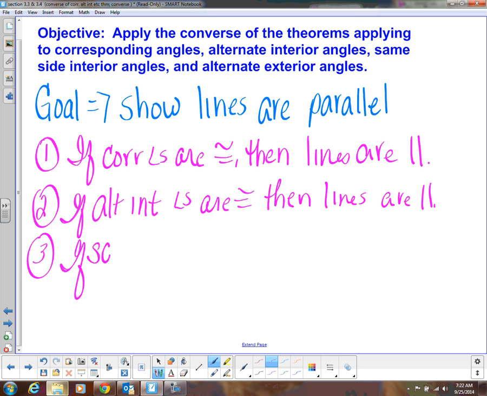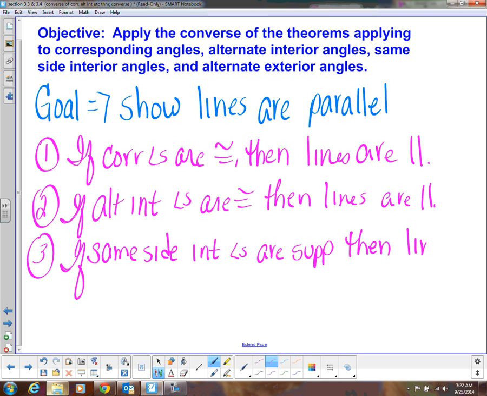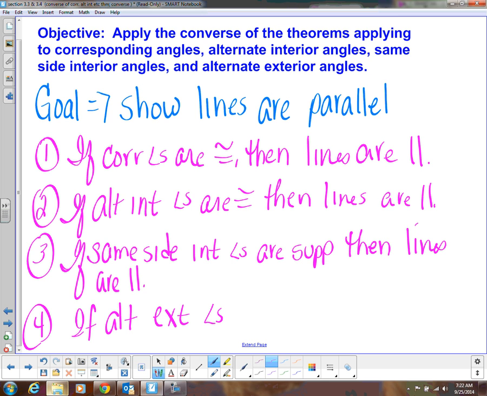Okay, if same side interior angles are supplementary, then lines are parallel. That's the only one that's weird, right? Or different, shall we say. One more. If alternate exterior angles are what? Congruent. Then lines are parallel.